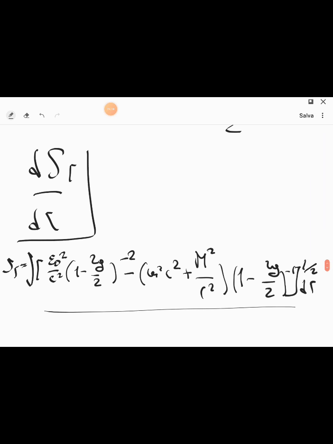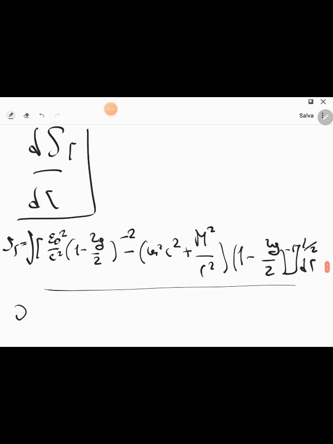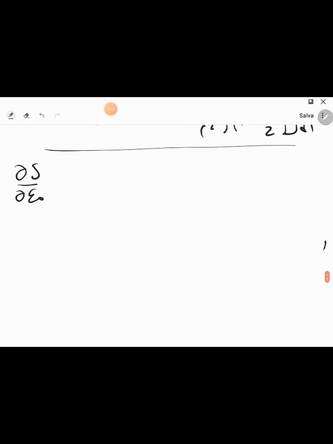Now, what shall we do now? We know that the derivative of action with respect to energy, I call this energy zero, the relativistic energy.